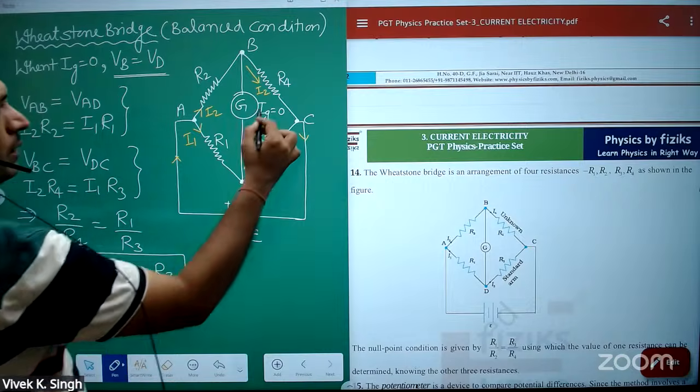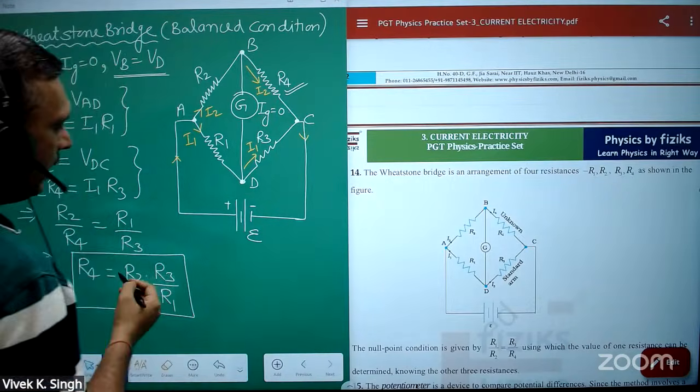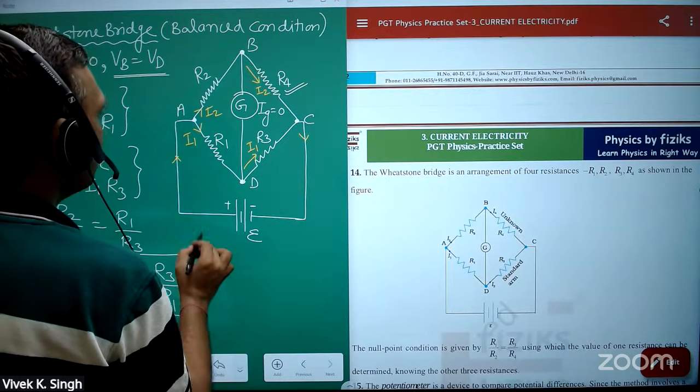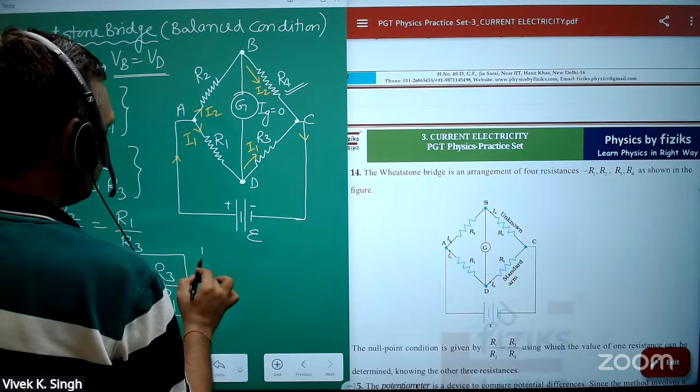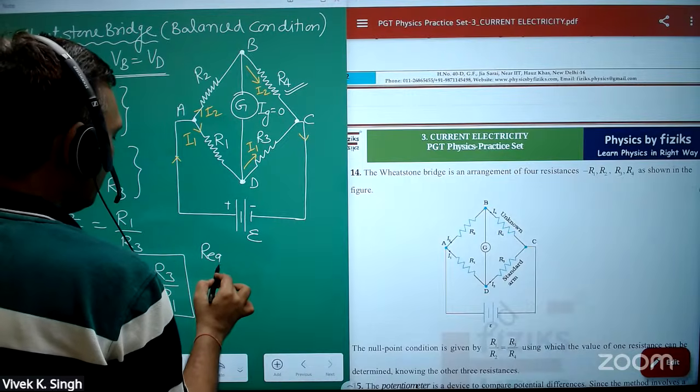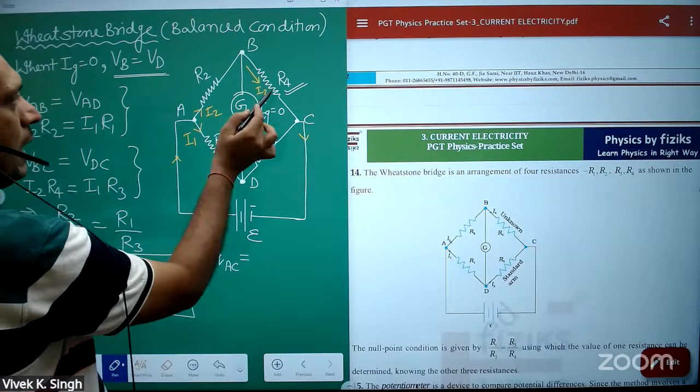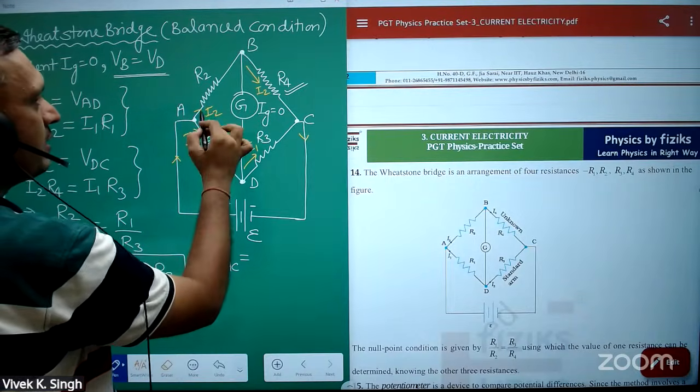And in this situation, what will be the equivalent resistance across AC? Because R2 and R4 are in series, the same current is flowing.